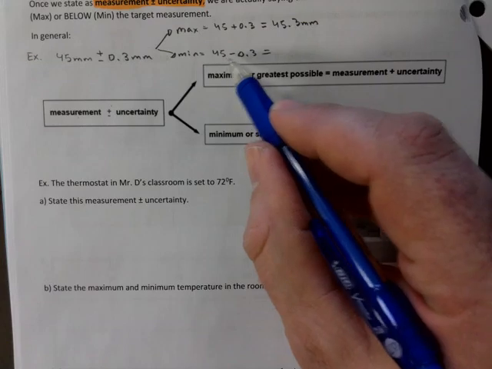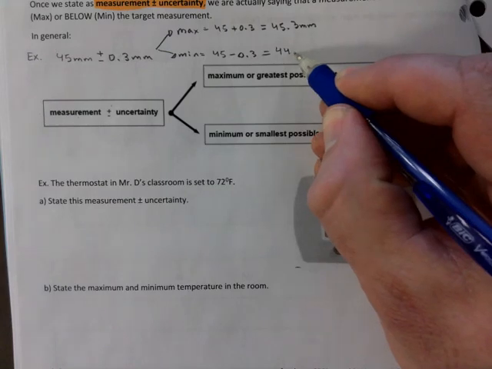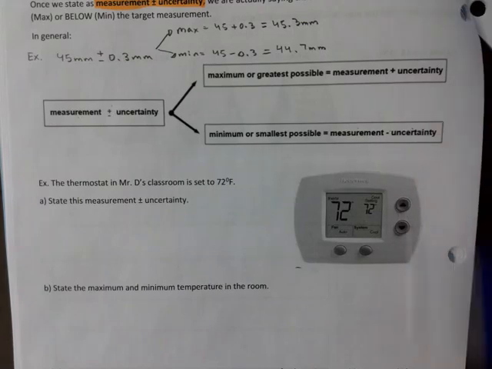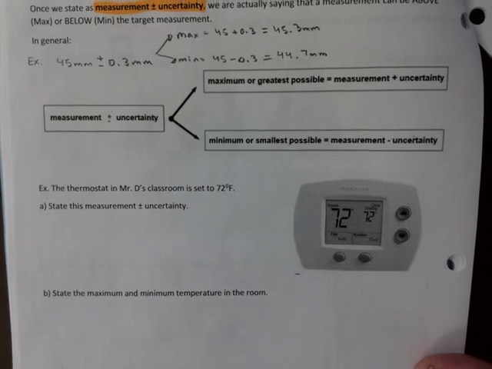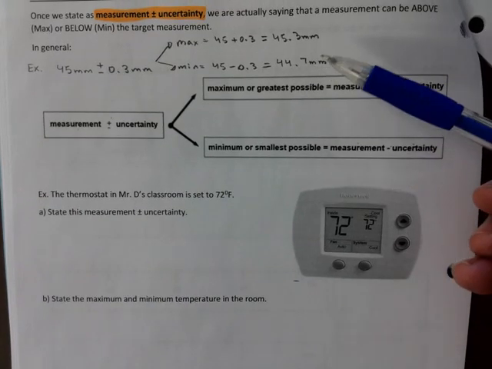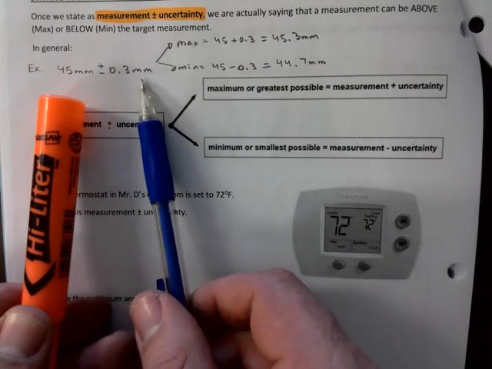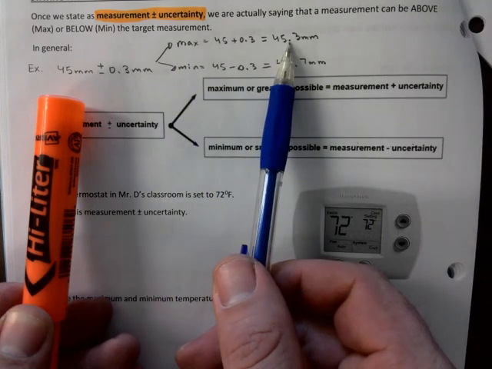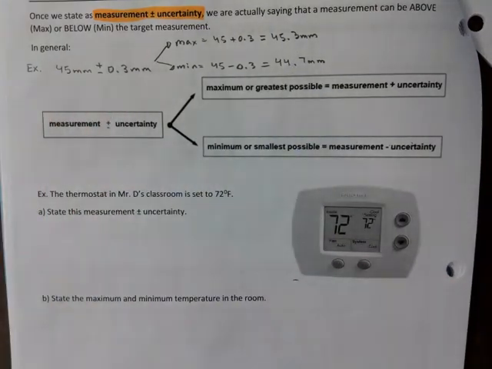So we take our measurement, we take away the uncertainty, that'd be 44.7 millimeters. This is your example, right? So we're going from our measurement plus uncertainty, and we state the greatest possible measurement from this and the smallest possible. So it could be anywhere in between there.